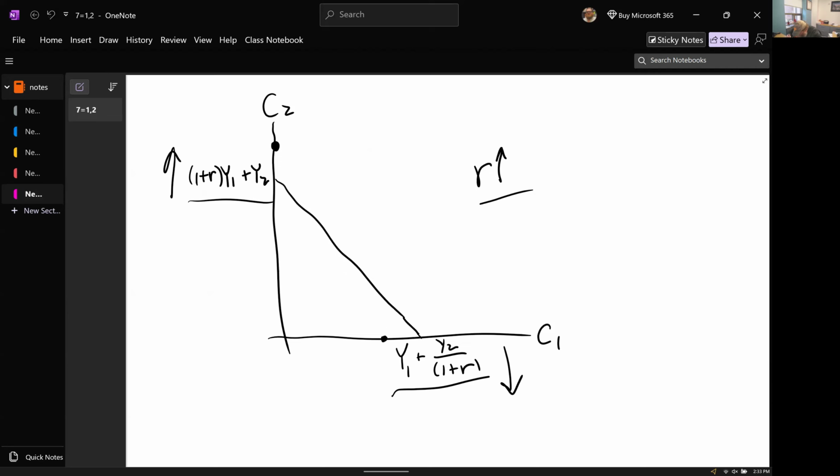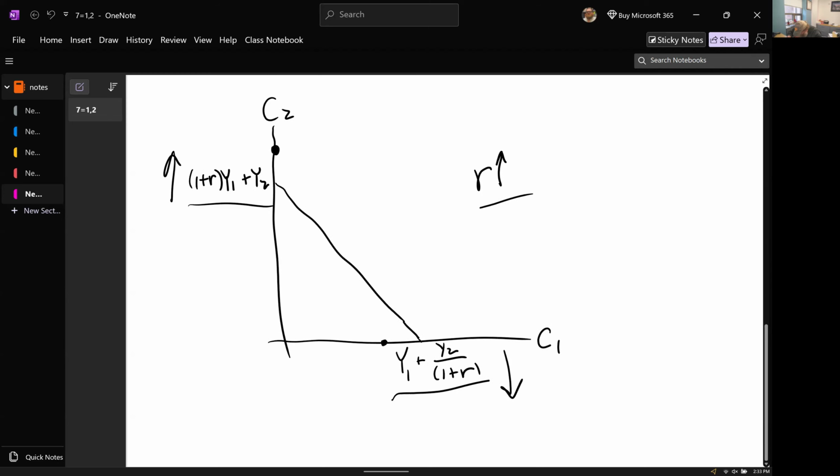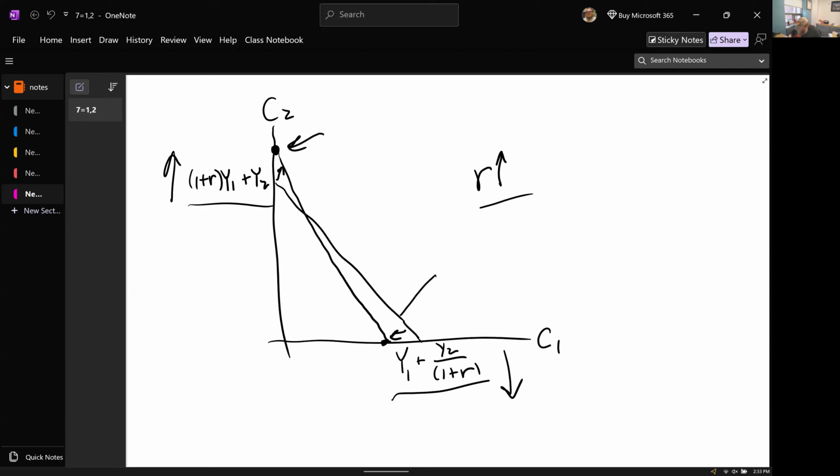Let me draw. It's hard to draw nice straight lines on the tablet. Boom. So we can see that the intertemporal budget constraint sort of pivoted in two different directions. So it now hits a higher point on the vertical axis and hits a lower point on the horizontal axis.